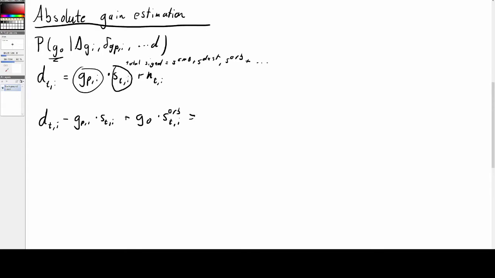And so if you write out this factor G here, because we're doing something that is a bit sneaky, we know that the gain G is the sum of the absolute calibration G naught and capital delta G and delta G_PID.